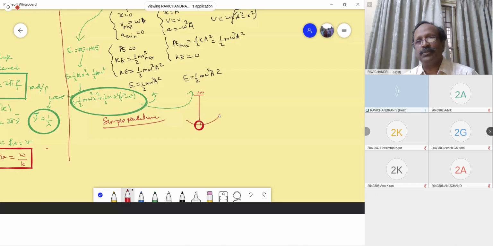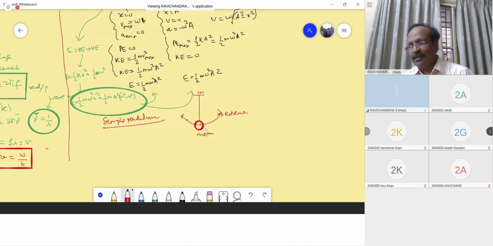It is swinging here. This is the extreme position. This is the mean position. So the two positions are there: one is the extreme position, the other one is the mean position. So both the positions I have taken here.